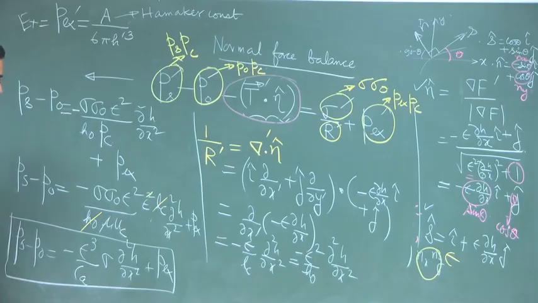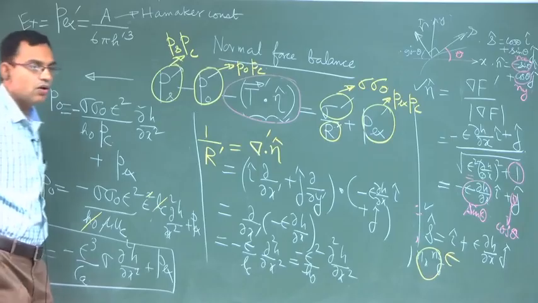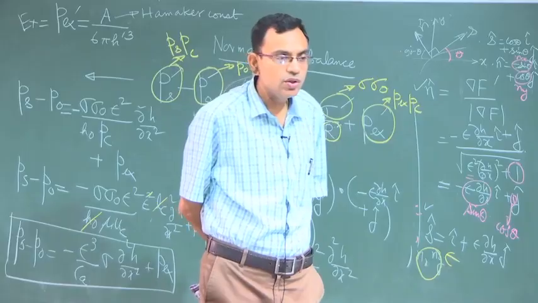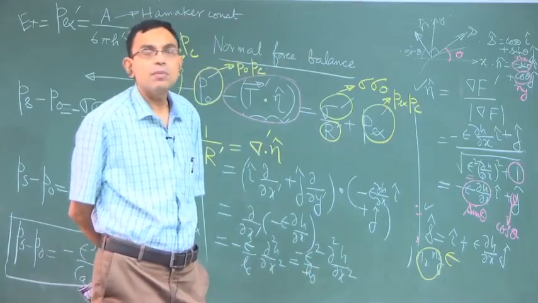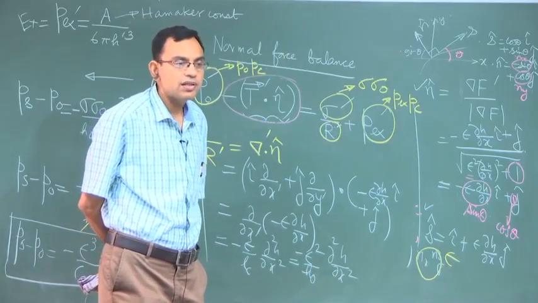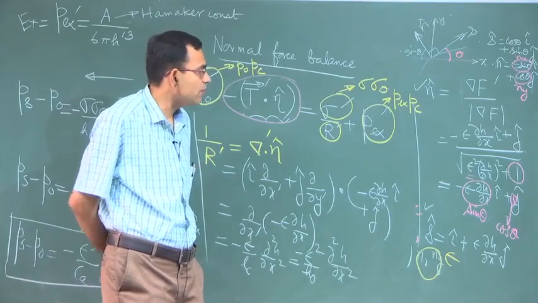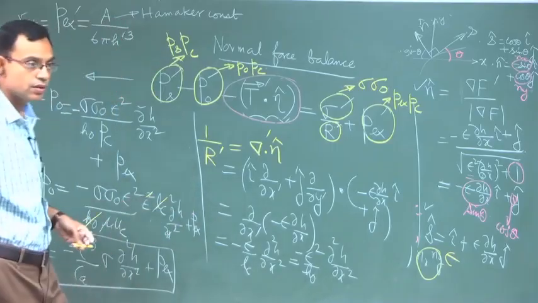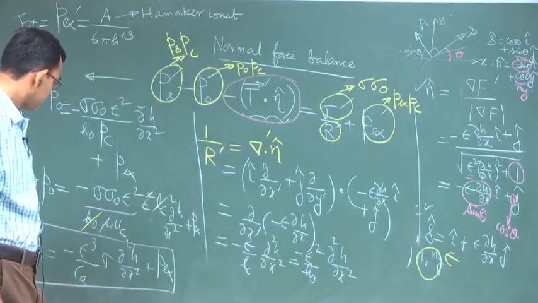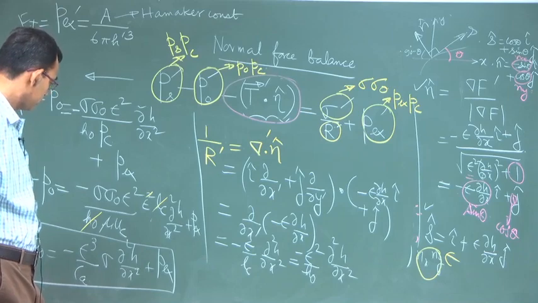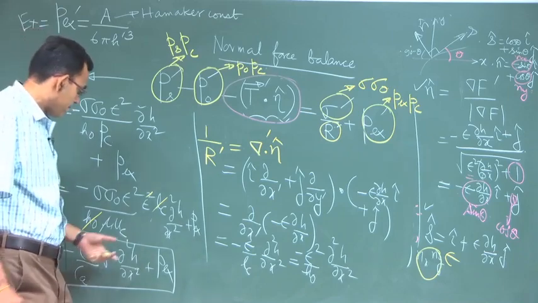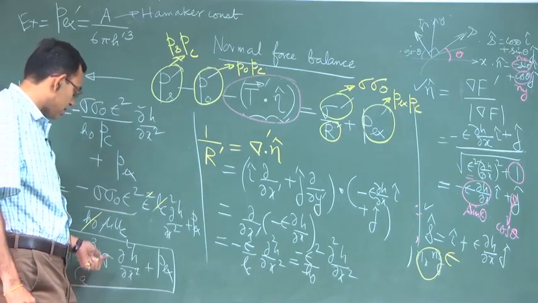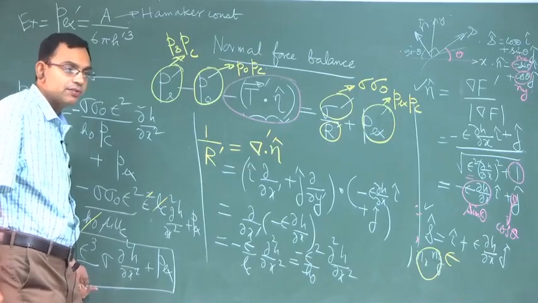So, now we have got all the governing equations and boundary conditions in a non-dimensional form. So, we will write a summary of all the governing equations and boundary conditions in a non-dimensional form on one side of the board. See, it all depends on the capillary number.